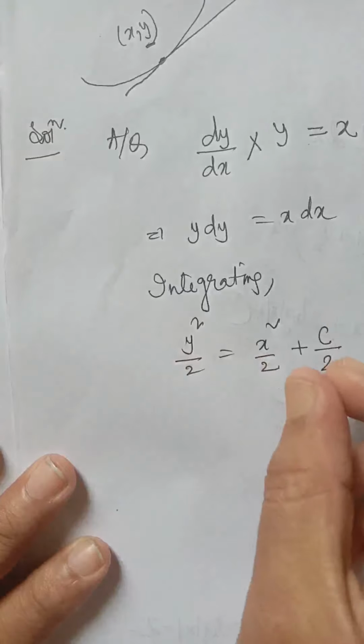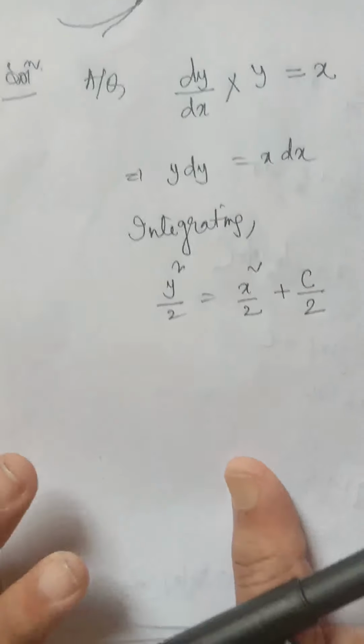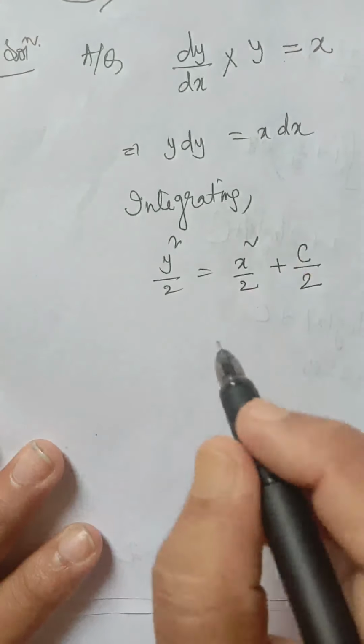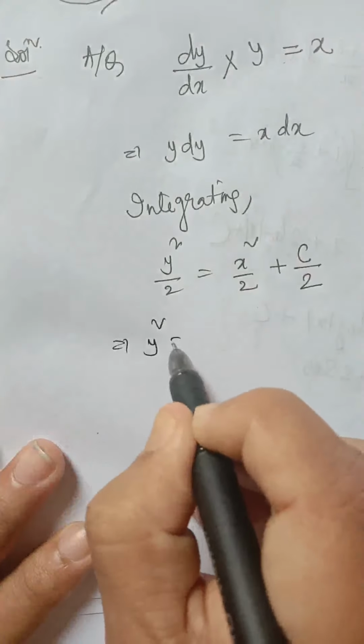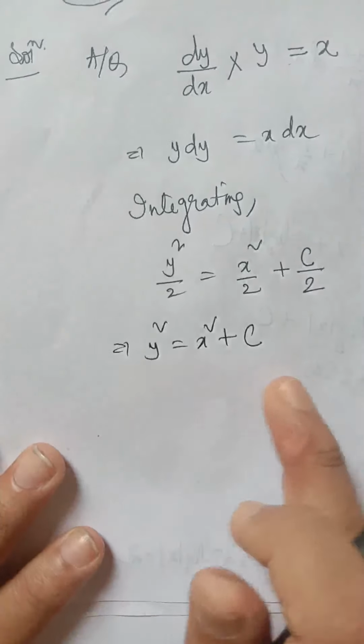You can write the arbitrary constant as c by 2, c by 3, 3c, 5c, no problem. Now cancelling, y square equal to x square plus c. This is the general solution, the general equation of the curve.